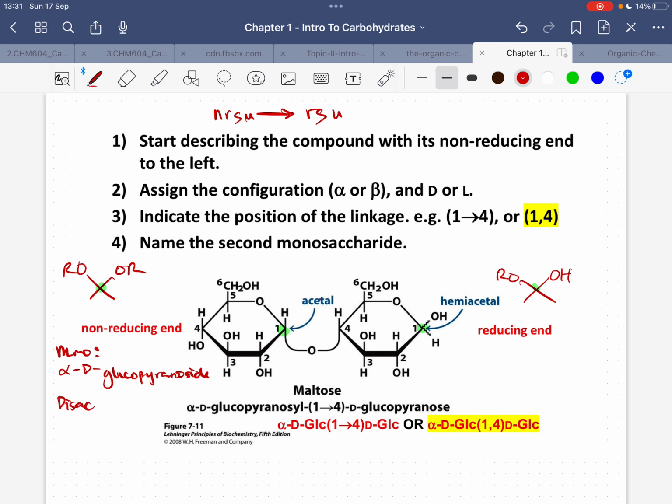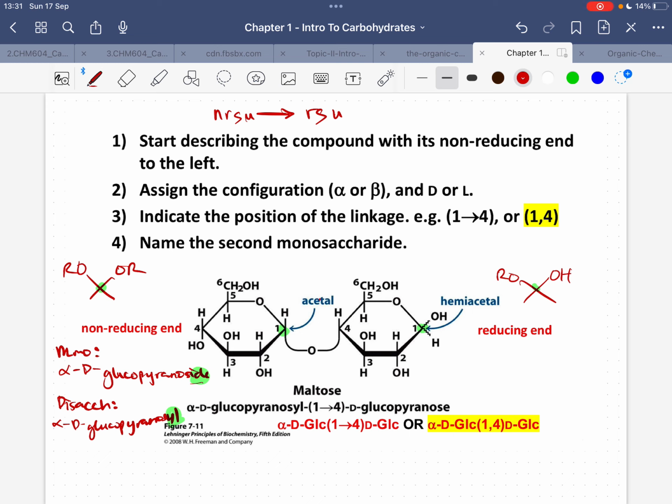But since this is the non-reducing part or end, this will become alpha D-glucopyranosyl. The ending is changed to -yl. So that's how you name it. That's why the non-reducing end or non-reducing sugar unit is alpha D-glucopyranosyl (1→4) D-glucopyranose. Okay.